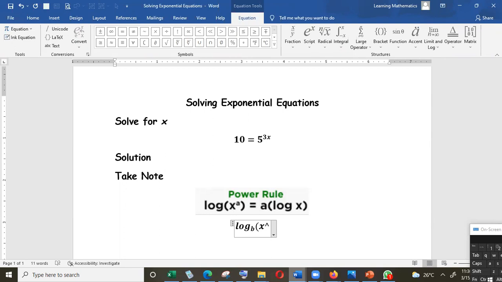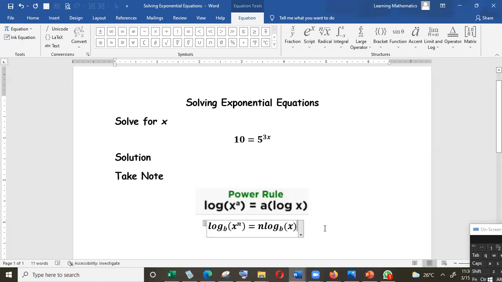Let's call it n. If you have a situation like that, that power, that exponent, can come in front of the log of the letter by itself. Okay, so that is what this rule is actually saying.